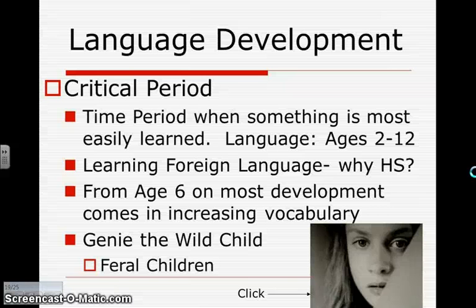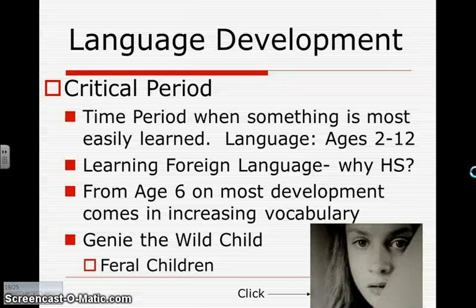Now, what happens if a child isn't able to learn language during that critical period? How does it affect it? Occasionally we get children that fit into that pattern, and then we can find that out. Jeannie the Wild Child is a young girl that at age 13, back in 1970, authorities found.